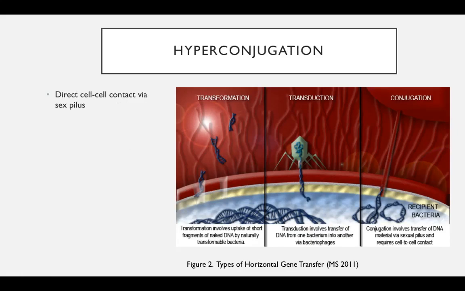So this is a pretty effective thing that it does. And we've studied this for a long time. It's pretty well known. But we're going to dive into something that may be even a little more effective. So that's the first one, conjugation. It's direct cell-to-cell contact sending plasmids, right? Remember back, you have F plasmids, F prime, Hfr. All those come into play with conjugation.